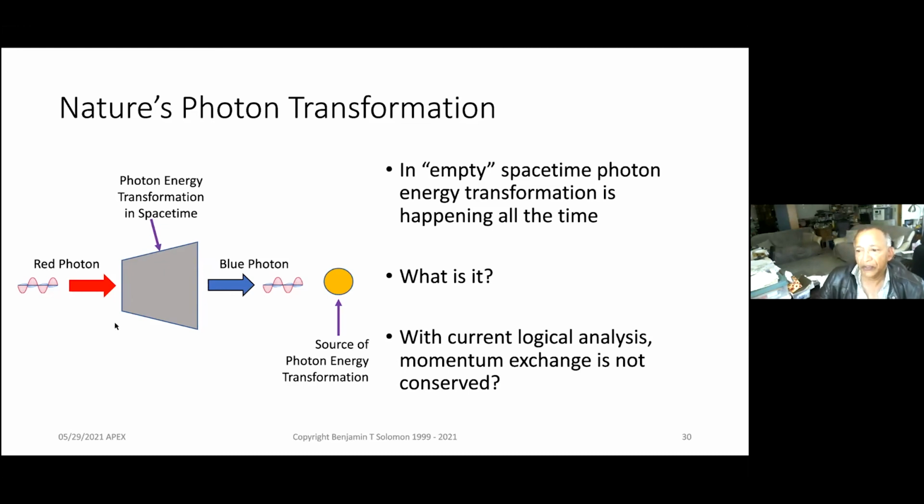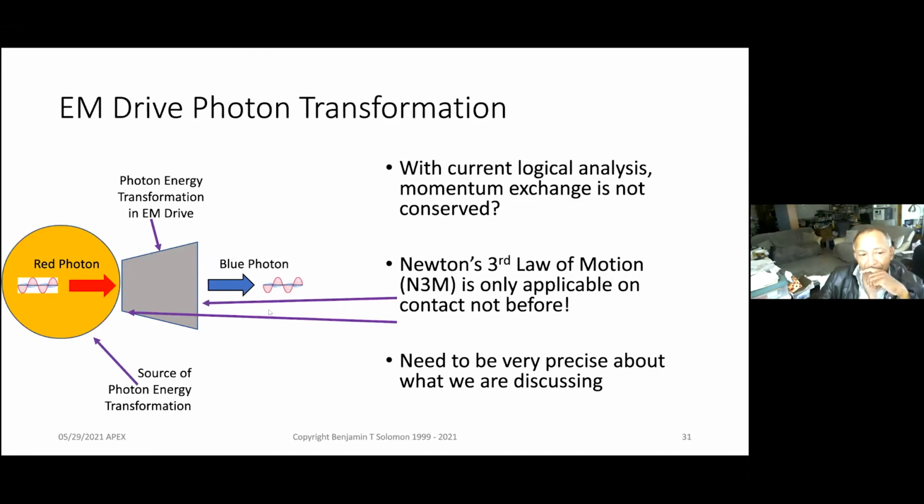But it's not an issue about conserving momentum, because if you look at Scheuer's experiment, conceptually, the source is at the back end of the drive, and the red photons, the longer wavelength microwaves, come in, and shorter wavelength microwaves come out.